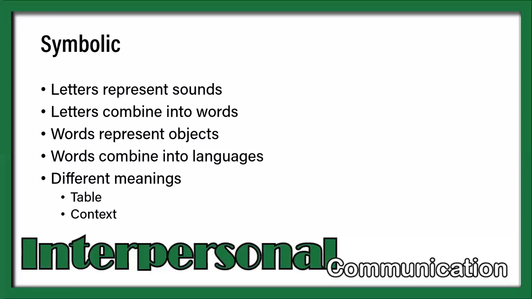So we needed to have language in order to have abstract thought and be able to go above and beyond just the physical. Words represent objects, so that would be the apple, and then words combine together to make languages. So we combine words together in order to make a sentence, and the sentence actually has meaning.